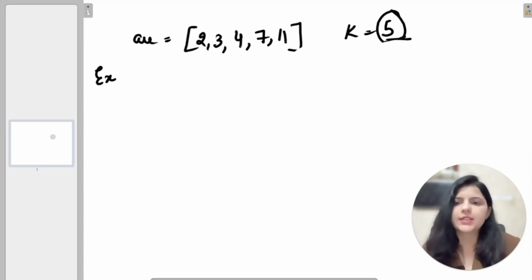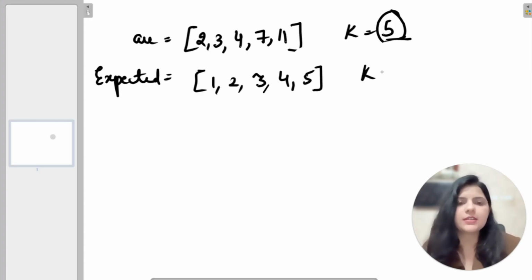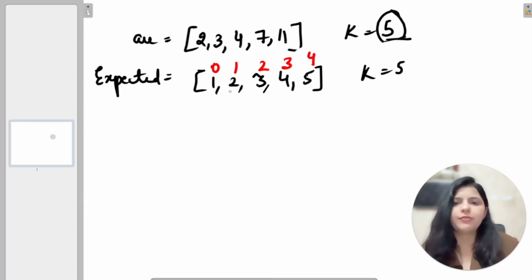So what is your expected array, right? That is 1, 2, 3, 4 and 5. K is 5, you have to find the fifth missing number. So let me write the indexes 0, 1, 2, 3, 4. So if you see here, for index 0, you are expecting number 1.